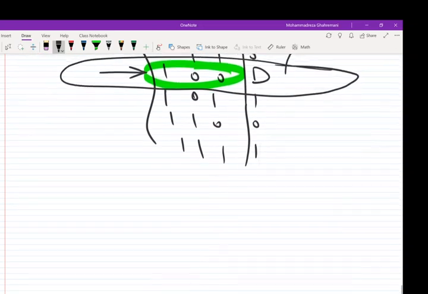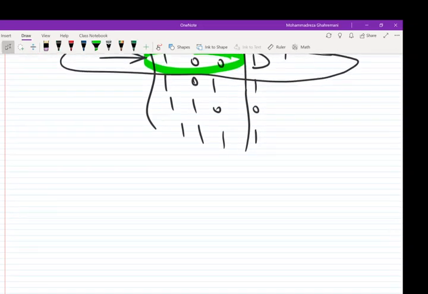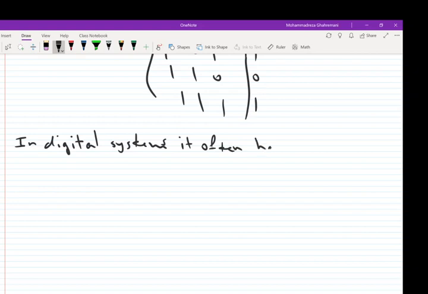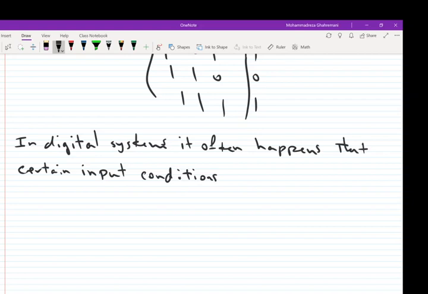Okay, so let me write the definitions, and then we can start to see some examples. So we can say in digital systems, it often happens that certain input conditions can never occur.